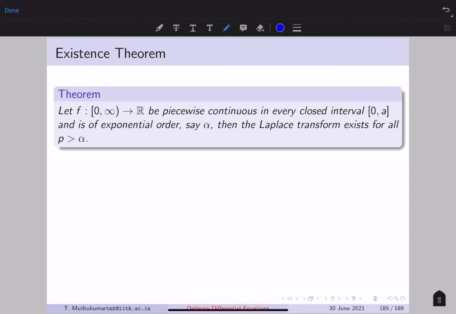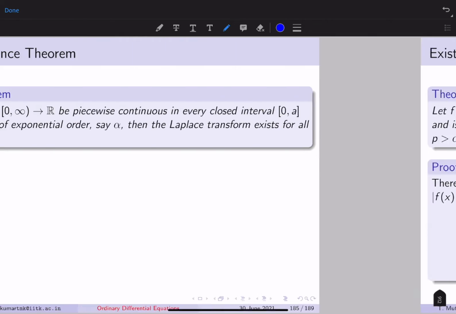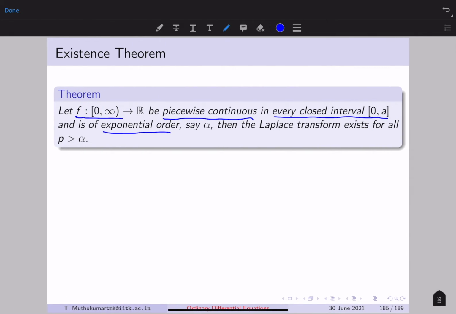So if you have a function f which is piecewise continuous in every closed interval 0 to a, so the domain is the positive real line, but if you restrict your domain to any positive a and look at the interval 0 to a, in that closed interval the given function is piecewise continuous, and it is of exponential order, say alpha, then the Laplace transform exists for p greater than alpha.